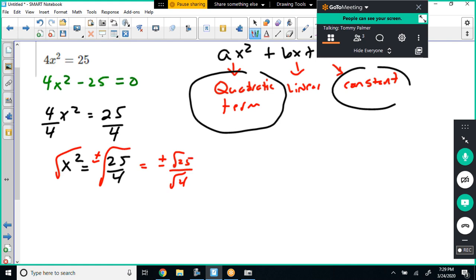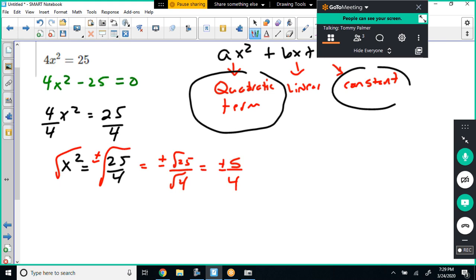And note that you can split a fraction underneath the radical by putting it as a radical over the numerator and radical over the denominator. And in doing that, you have 5 what? Plus or minus 5 fourths, which, as a decimal, would be plus minus 1.25, right?